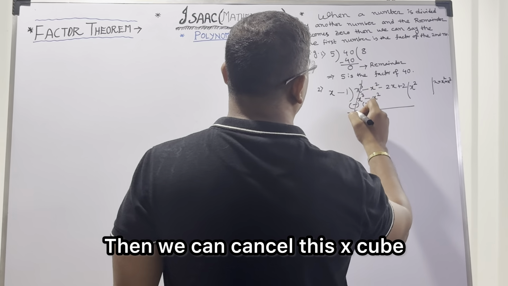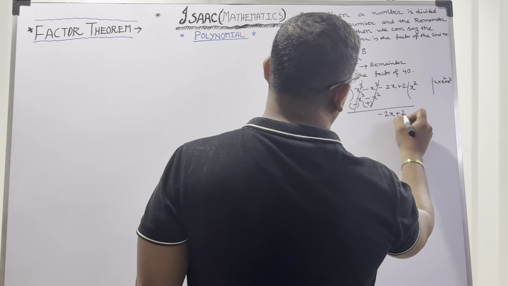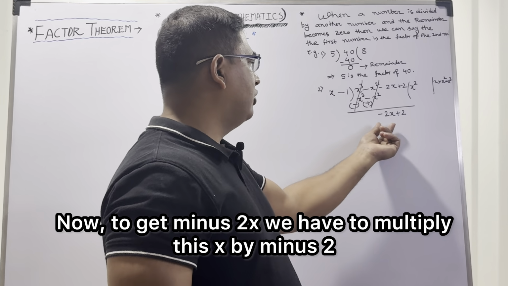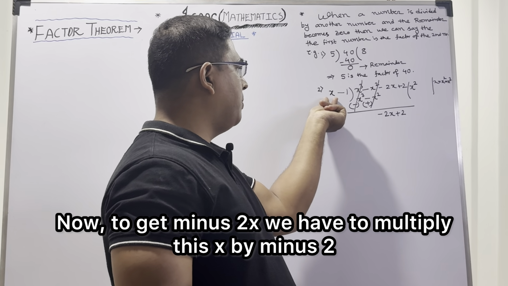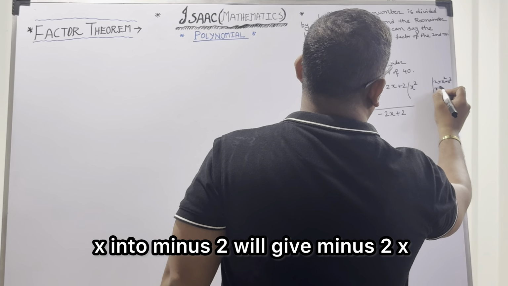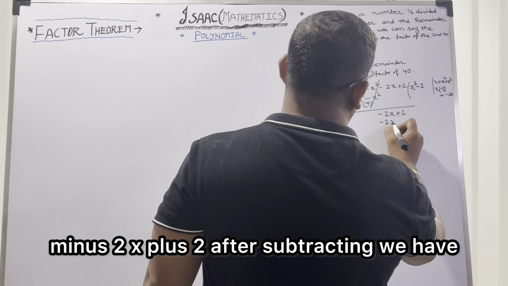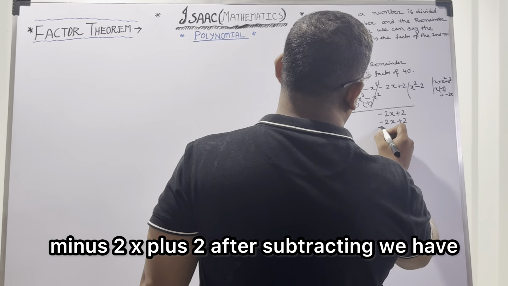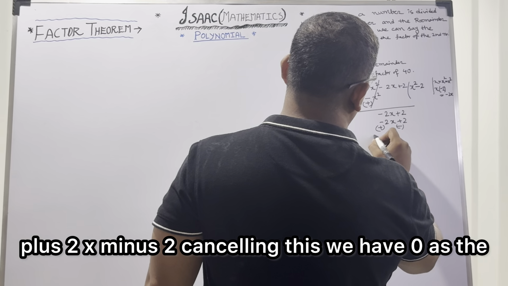Then we can cancel this x cube and x square, and the rest of the terms become minus 2x plus 2. Now to get minus 2x, we have to multiply this x by minus 2. X into minus 2 will give minus 2x. So in the quotient there will be minus 2. Minus 2x plus 2. After subtracting, we have plus 2x minus 2.